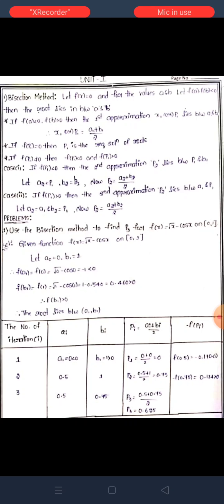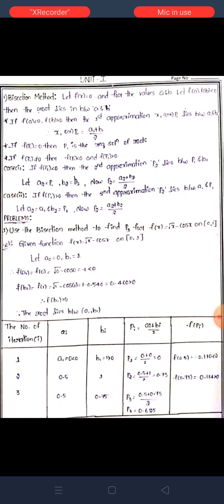Therefore, next iteration, put i equals 2. Here a2 equals 0.5 and b2 equals 1. p2 is equal to a2 plus b2 by 2.